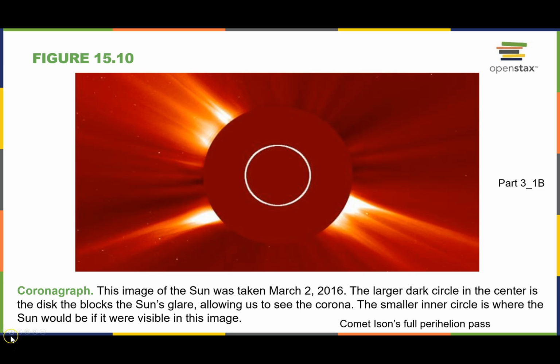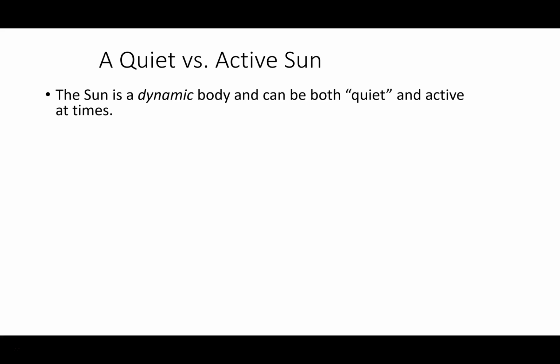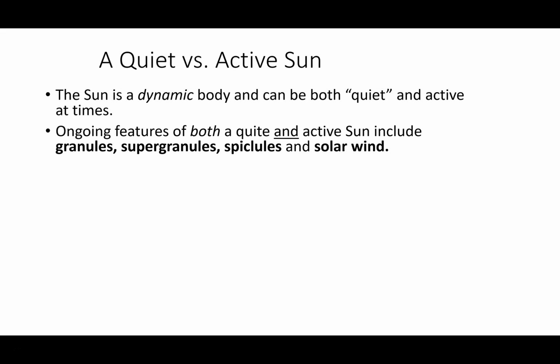So here's that. Okay. Well, I've been trying to warn you that the sun has 2 phases, and it has an in between. It doesn't go abruptly from being quiet to being active. It ramps up. So the things of a quiet sun include some of the things we've talked about. Solar wind, always there, quiet or active.